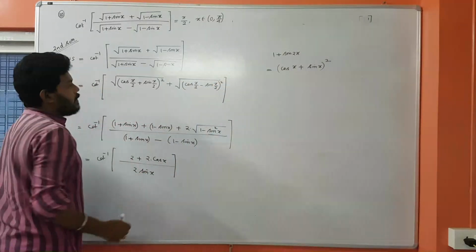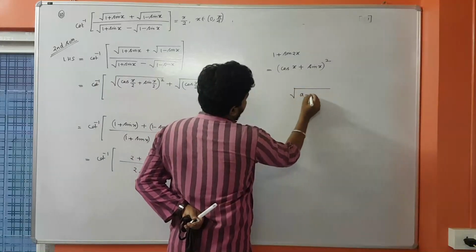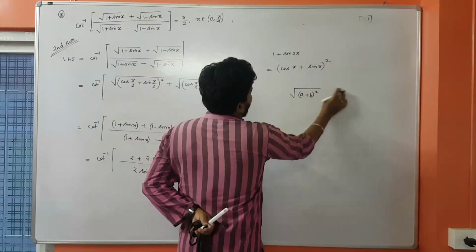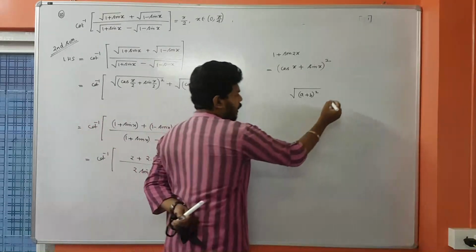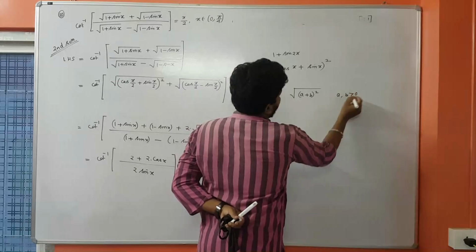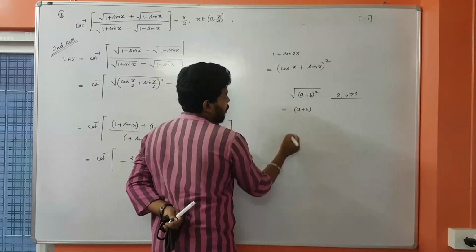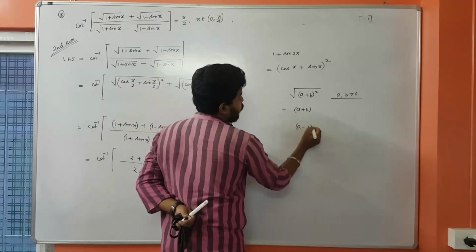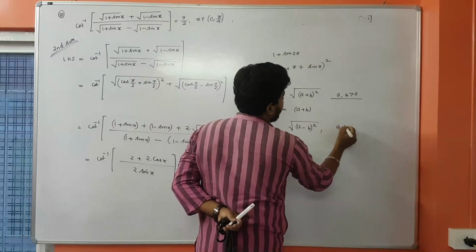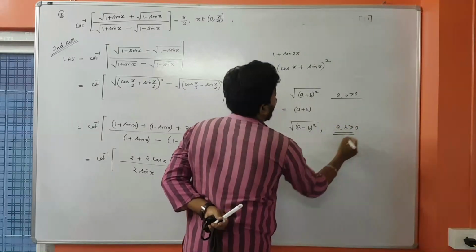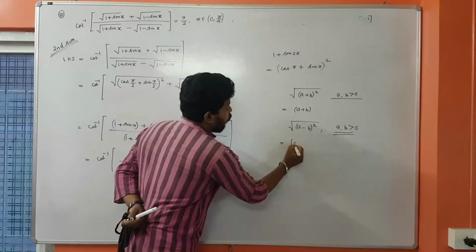Now the question arises, if you take square root of a plus b whole square, where a and b both are positive, then it will be a plus b, correct? But if it is a minus b whole square, square root, a and b both positive, then how to write this? Then you must write mod of a minus b.